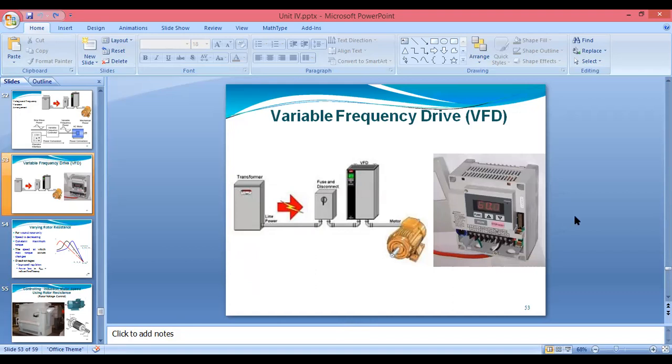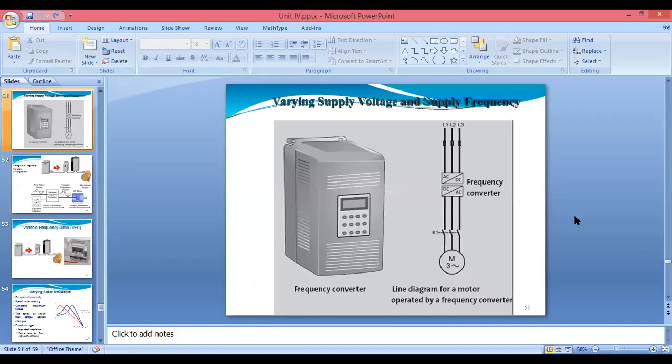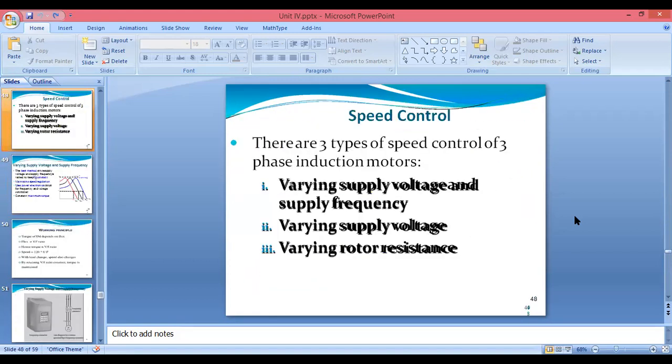So in today's session, we have seen the speed control methods for the three-phase induction motor. If we need to change the speed, we have three different methods: varying supply voltage and supply frequency, varying supply voltage only, and varying rotor resistance.